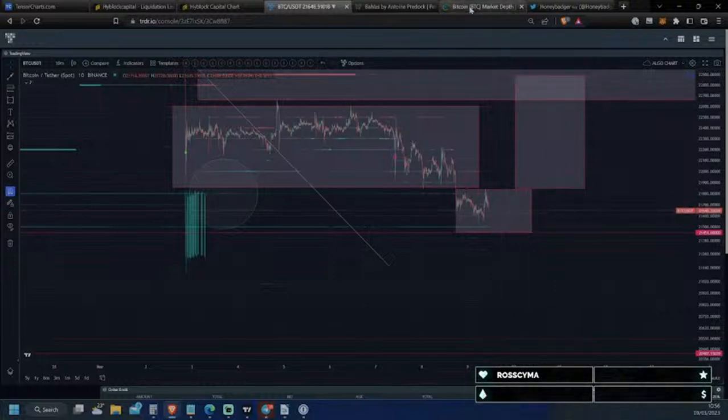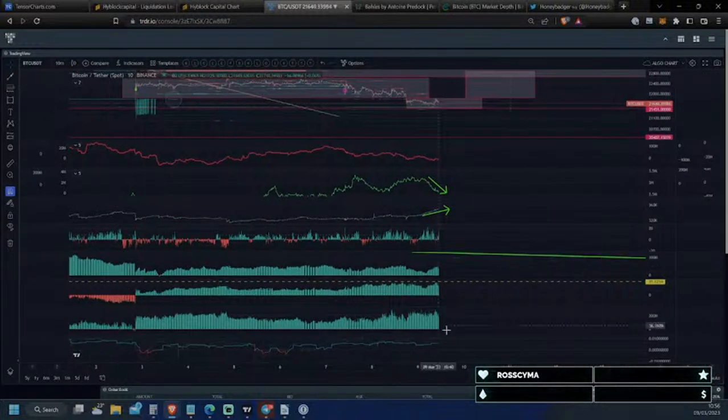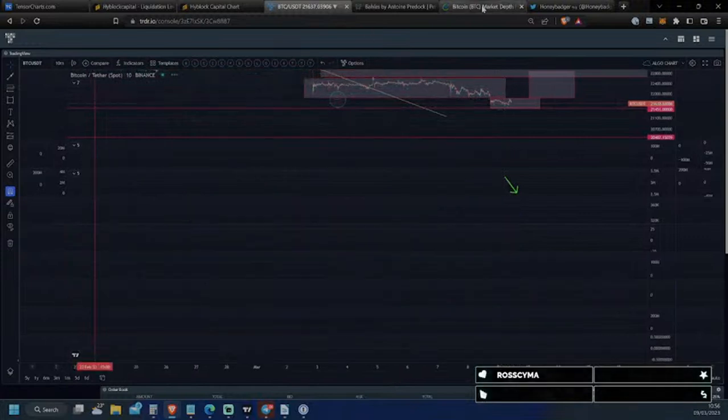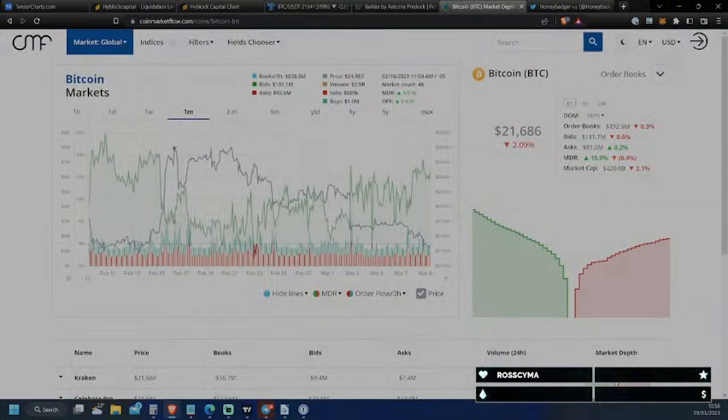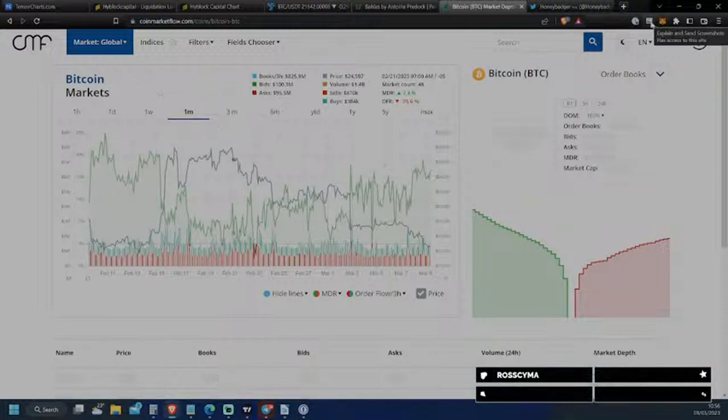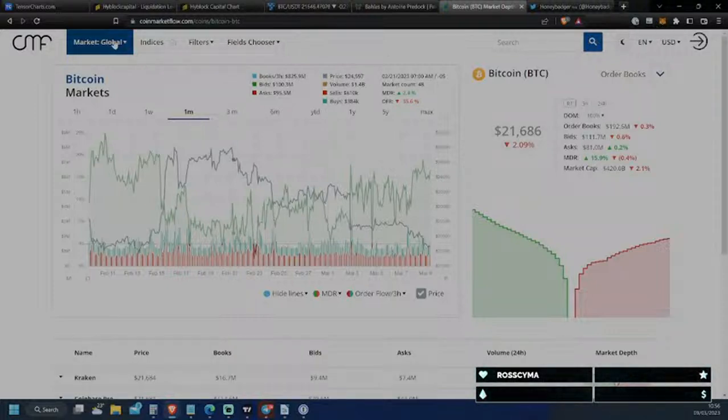The second thing I want to look at is the order book. If we go to the market depth, we can see the global bid to ask ratio is quite elevated here. The last time we came up towards the 20% mark was down here.